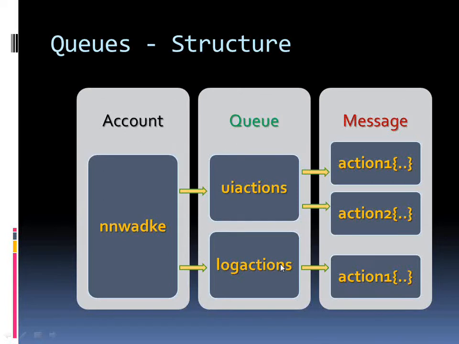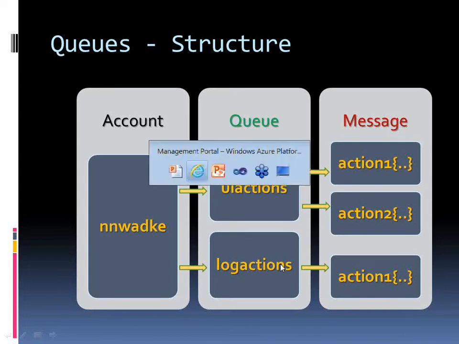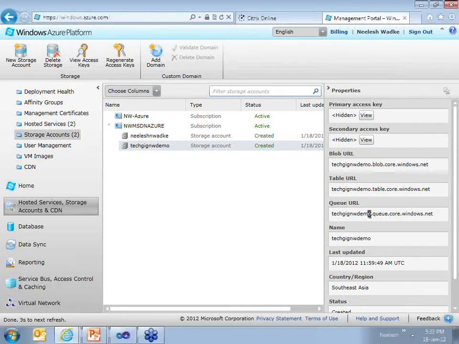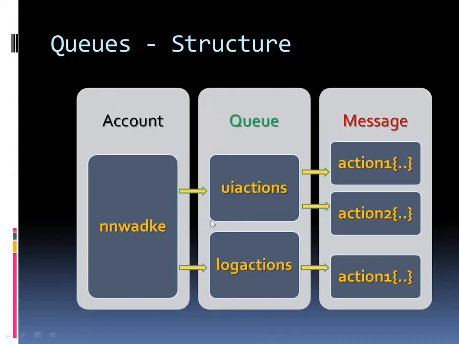So the structure remains the same. Here in queue, you again have an account. Under account, you will have a queue, and under queue, you will have messages. So here, for the TechGeek demo, this becomes your queue URL, whereas this becomes the account name which you have already given.